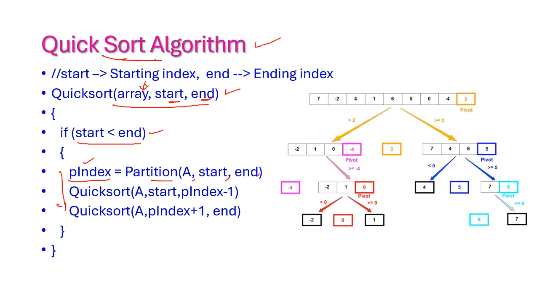A is nothing but the array. And we need to apply quicksort on the left hand side of pivot index, and the same quicksort will be applied to the right hand side of pivot index. And when the start is greater than end, then the loop will get exited.